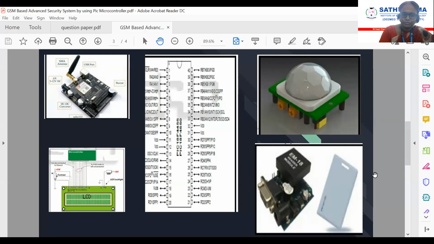If it's not detected, the information will reach headquarters using the GSM module. The GSM module is on the left side top, and it looks like a mobile phone, which is helpful to send information about an unknown person to headquarters. The LCD display is used to display the data on the screen.